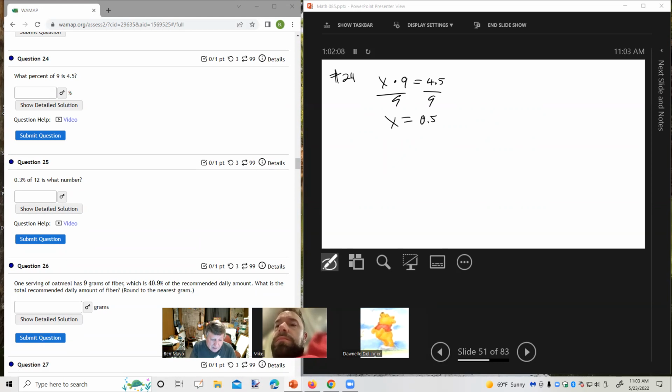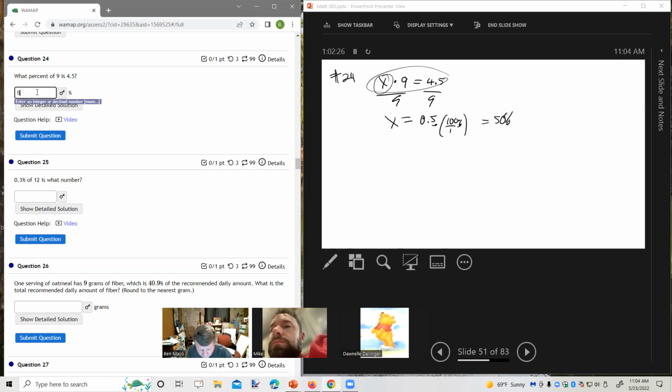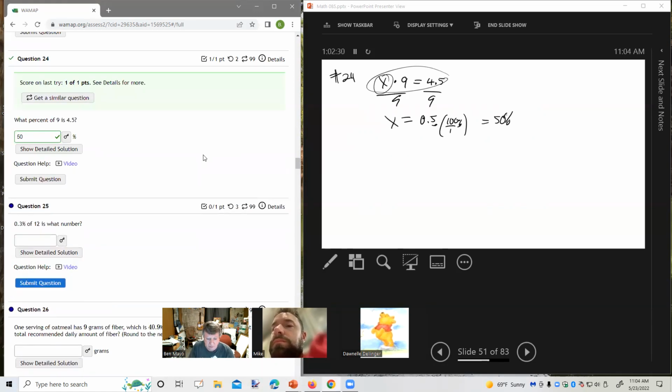However, that's not a percent. We're looking for the percent. And remember, in the equation, it's not a percent. So this needs to be converted into a percent, which is going to be 50%. Everybody okay with that?